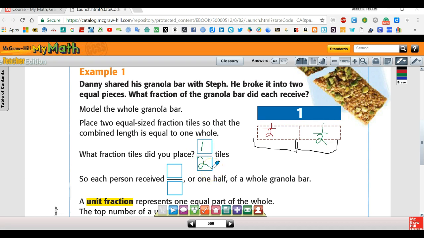And each person received 1/2 of a whole granola bar. By the way, the number at the top, that's called the numerator. Okay, the number at the bottom is called the denominator.